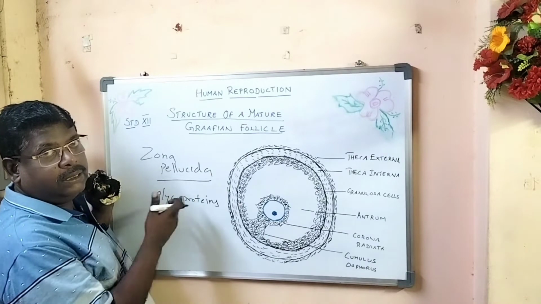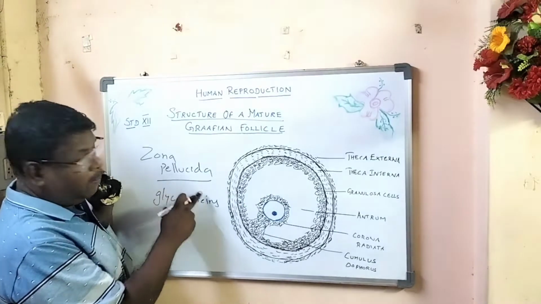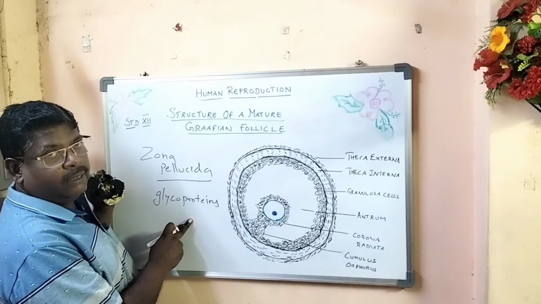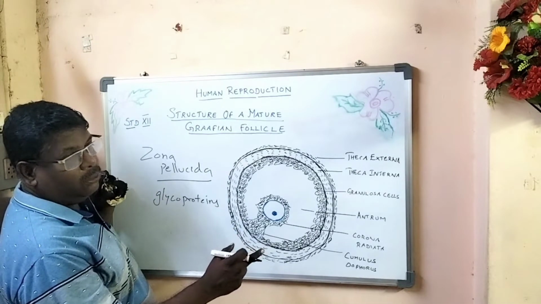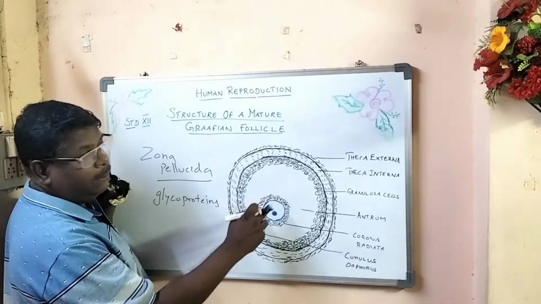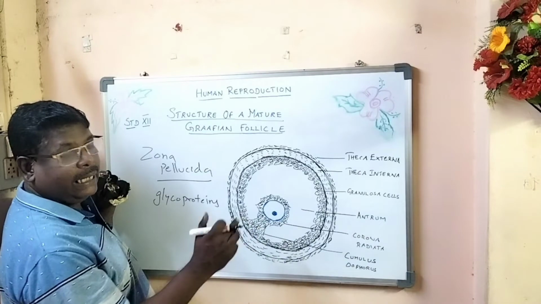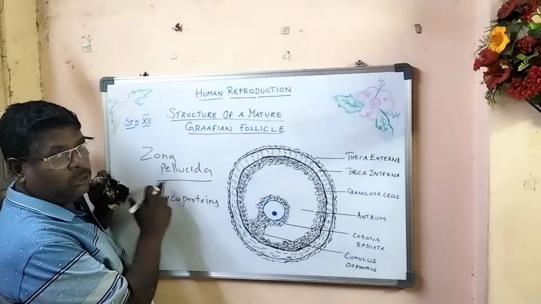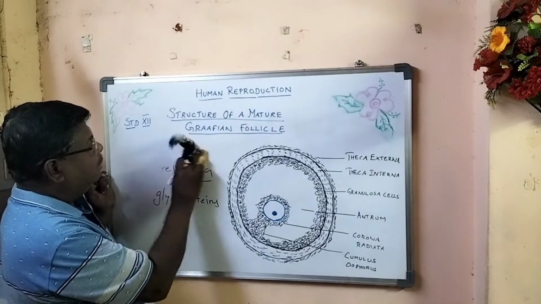A membranous layer that surrounds the oocyte is called zona pellucida, and it consists of glycoproteins. Similarly, the corona radiata is made up of granulosa cells and held up by hyaluronic acid, as I already told.